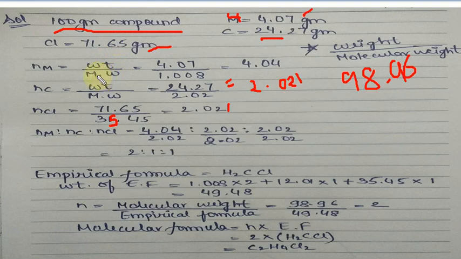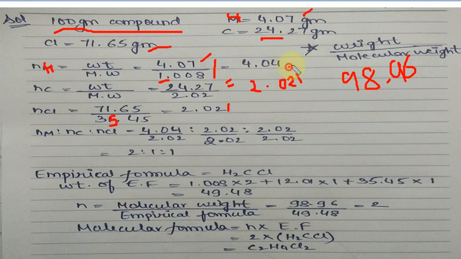So number of moles for hydrogen, I'll just put here hydrogen. It is 4.07 given in the question, and 1.008 is the exact atomic mass of hydrogen.